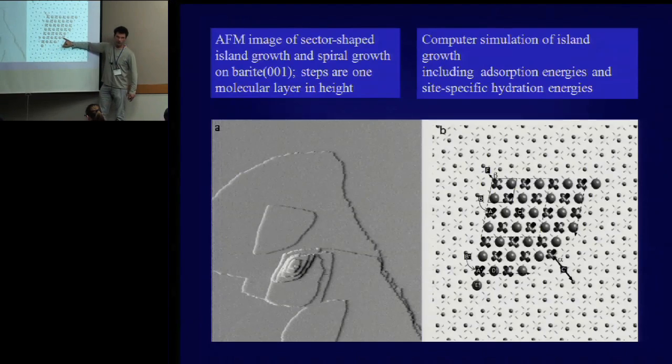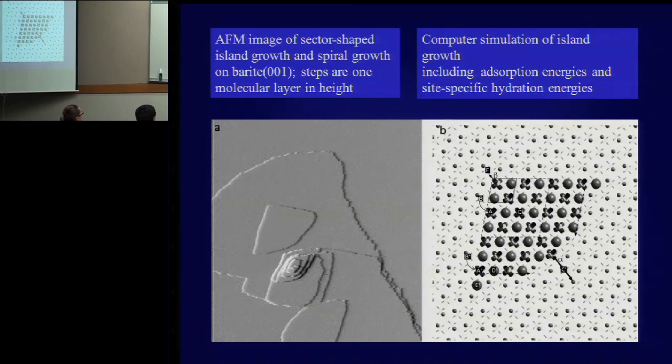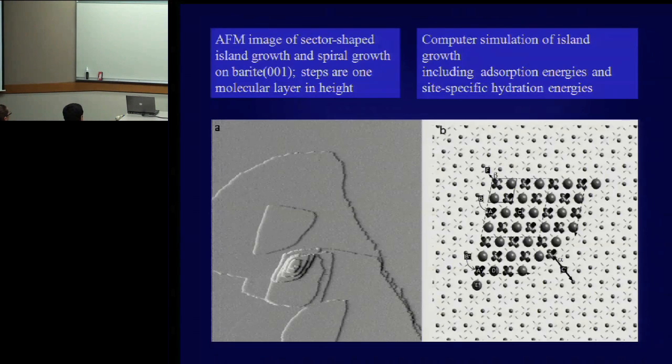Keeping a row growing once it's there is really easy because it's really easy to add a sulfate here. If you start a new row, crystal growth is always a competing effect between hydration, which wants to dissolve it, and adsorption, which wants to grow it. If you have it here, there is not much coordination towards the crystal. It's essentially energetically unfavorable to start a new row.